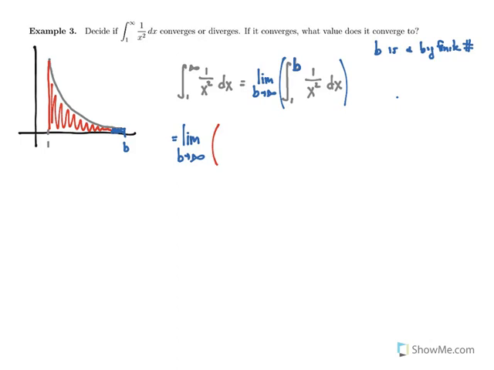So this integral, the antiderivative of 1 over x squared is going to be negative 1 over x. We're going to evaluate from 1 to b. Evaluating means that I'm going to write this as negative 1 over b minus, sorry, minus negative 1 over 1.